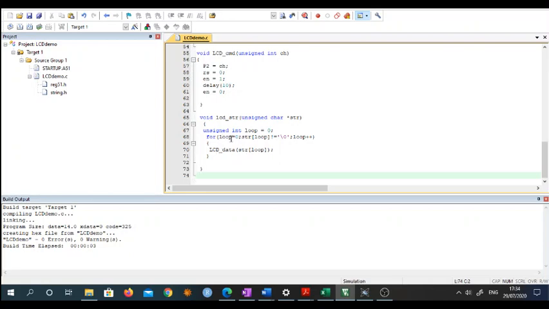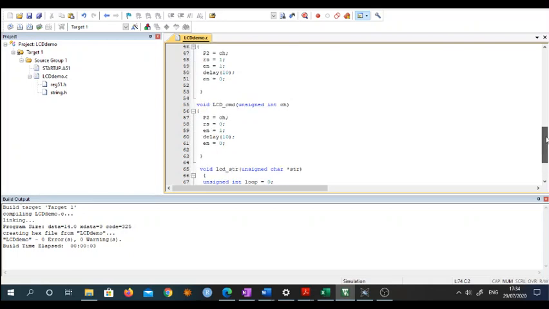This is a for loop which starts from 0, and this particular character indicates an escape statement, meaning end of line. When this character comes, the LCD understands it is the end of line and stops. So I have to run the loop until the end of line, reading all the characters one by one and sending them to the LCD data. This is the function for LCD str which I have written.